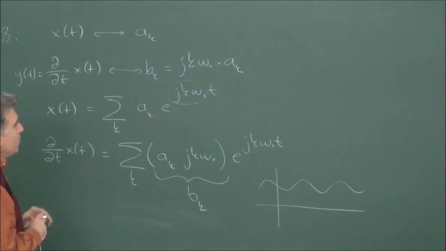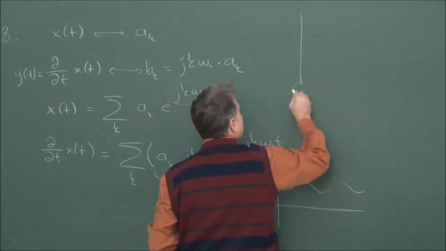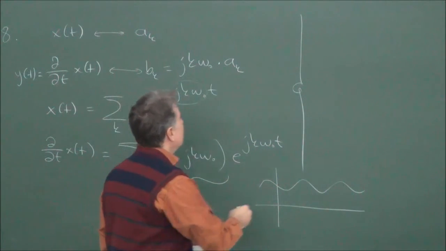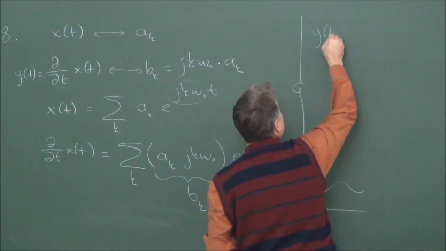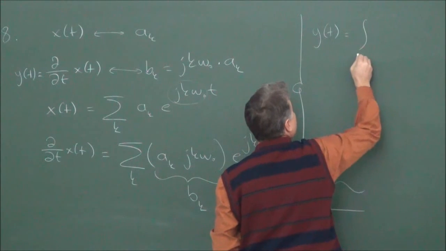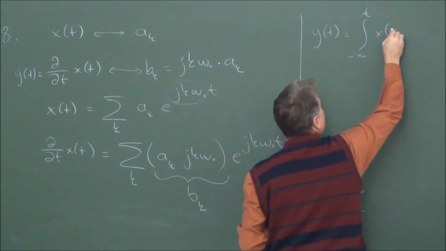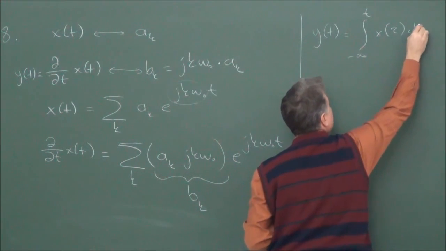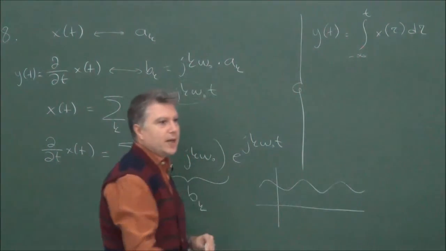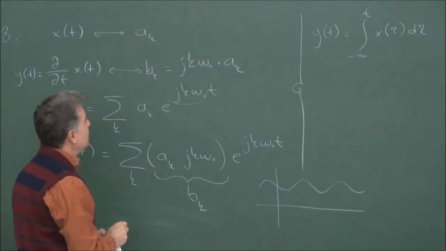The inverse operation of this thing is the integration. That is, what would happen if y of t is equal to the integral from minus infinity to t of x of tau d tau, that is the accumulation of x up to the point t?